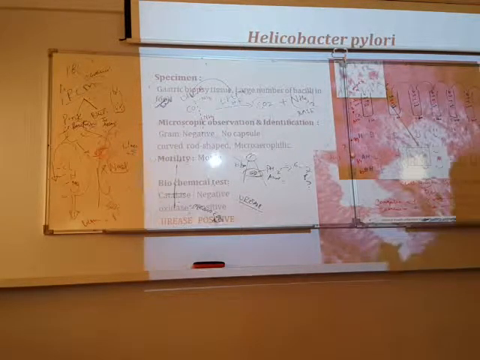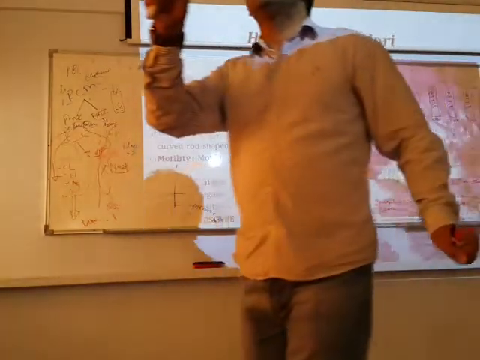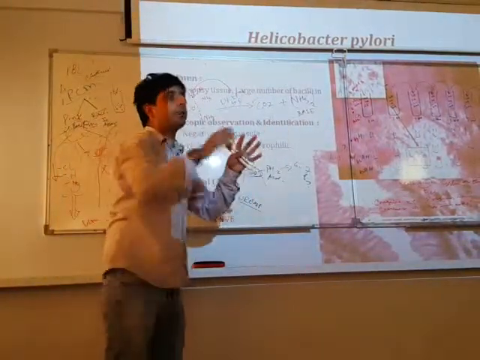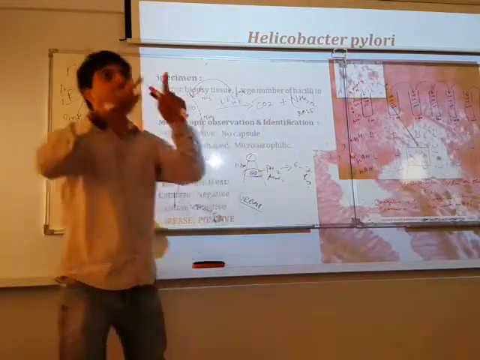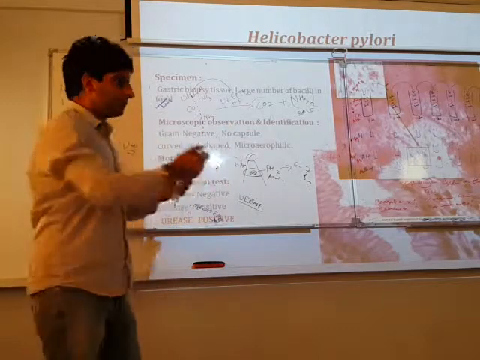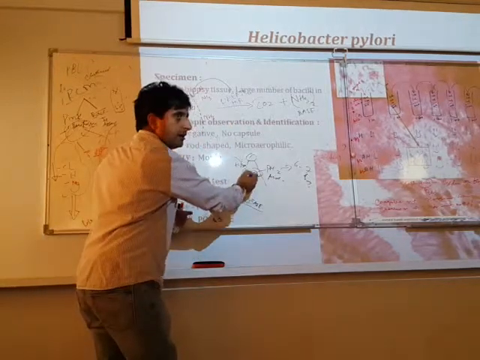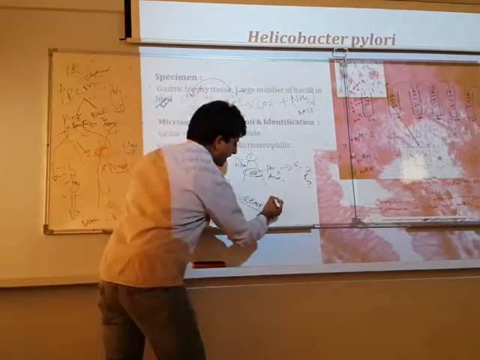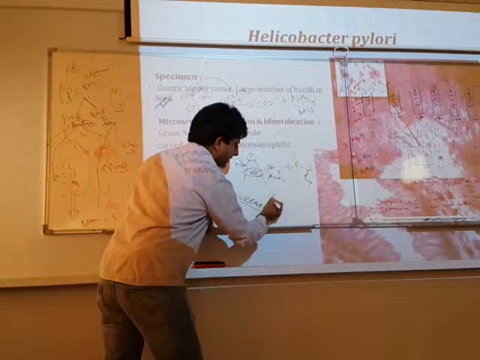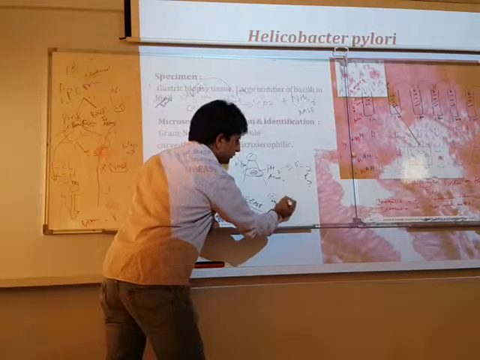The job of acid is to kill the bacteria. When this microbe releases ammonia, ammonia is a base. What does it do to the acid? It neutralizes it. So around the Helicobacter is a cloud of ammonia. Now pH 2 will not affect it.